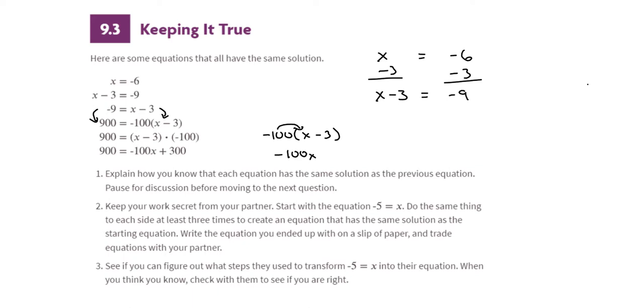Negative 100 times negative 3, or minus negative 100 times 3 is negative 300, and keep, flip, change makes it negative 100x plus 300.